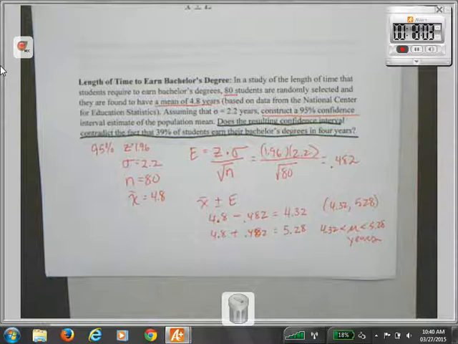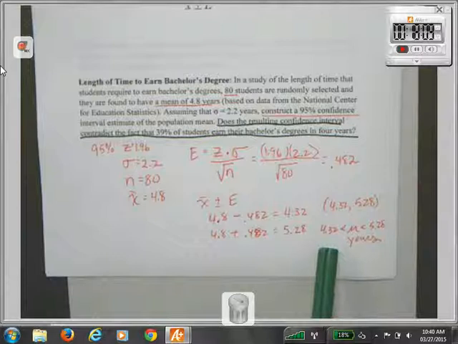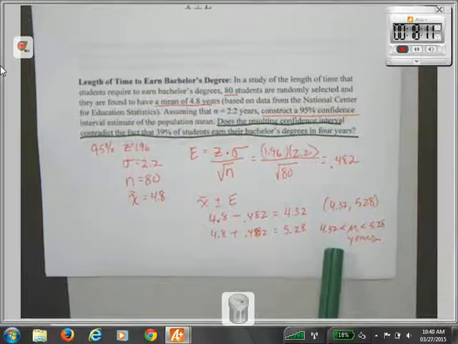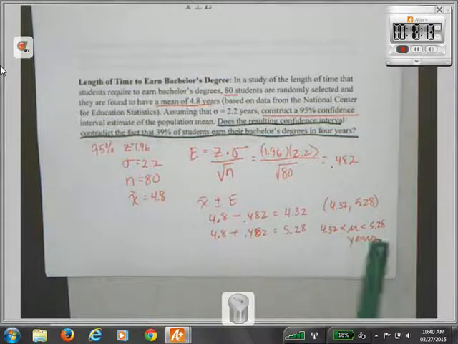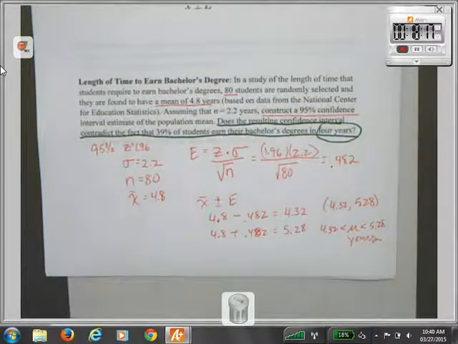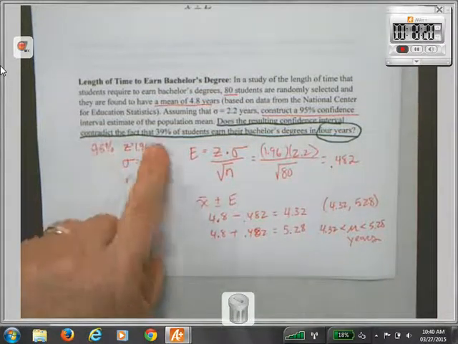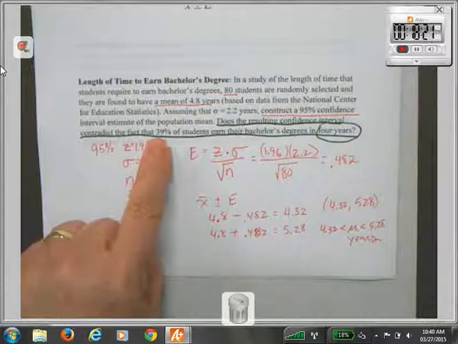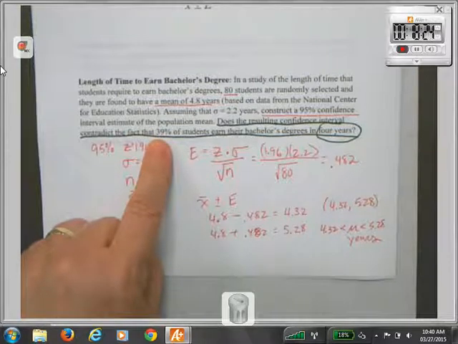Okay, so often these decimal numbers are not very accurate. So what this is really saying is that it's a little over 4 years. So this interval is all over the 4 years that they're asking the question about. However, they say that only, and really they didn't use the word only, but only 39% of students earn their degree in 4 years.